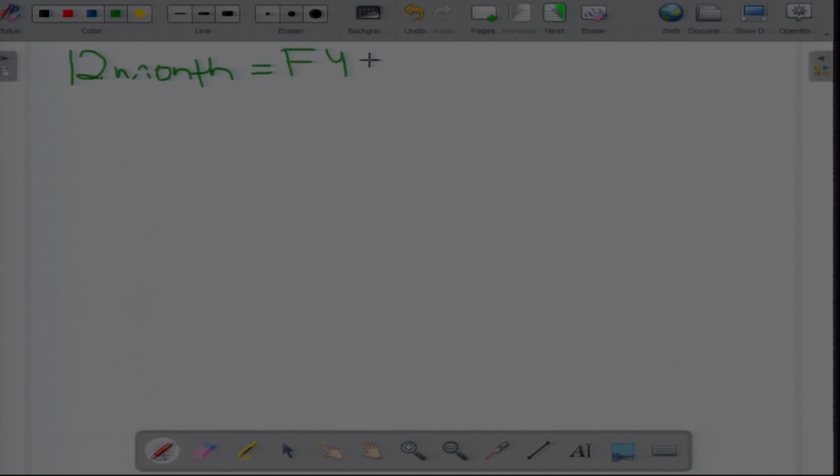For example, what we will normally give you in a question is the end of the year. Then you must be able to work out the beginning of the year.